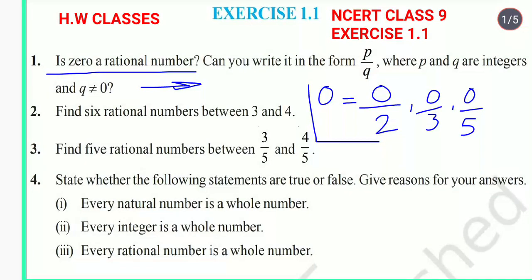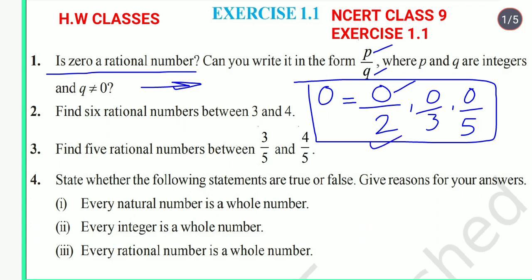So 0 can be denoted in the form of p by q, where p and q both are integers. 0 is an integer and 2 is also an integer. So this question clarifies that yes, 0 is a rational number. Can you write it in the form of p by q, where p and q both are integers? Yes, we have written p by q forms of 0, that are 0 by 2, 0 by 3, 0 by 5 and so on.